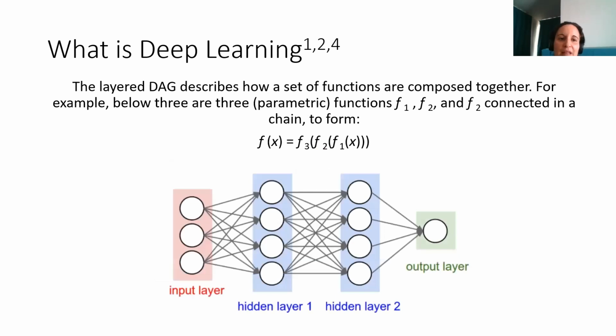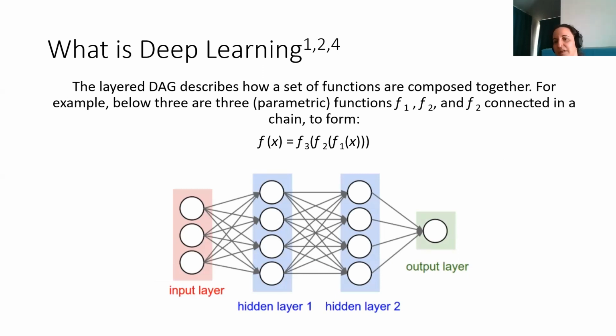Now the layered graph, as we said, the deep learning model is a layered graph, and each layer describes a set of functions, and the dependency between these layers defines a composition between functions.